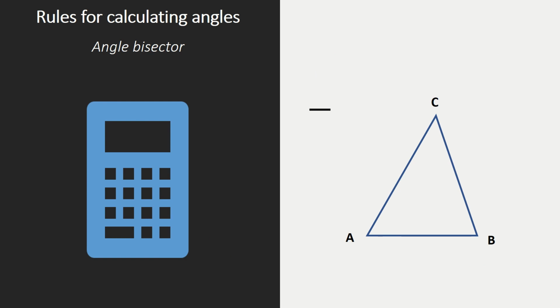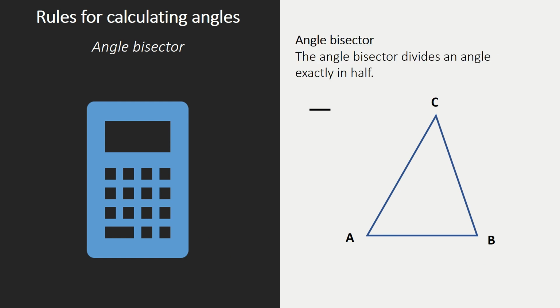And the rule for the angle bisector. An angle bisector divides an angle exactly in half. So if I'm going to divide angle C with an angle bisector, it divides angle C exactly in half.